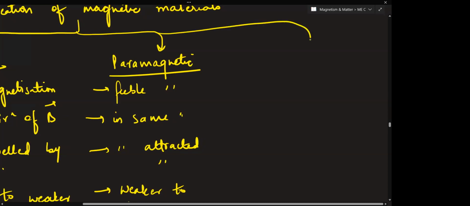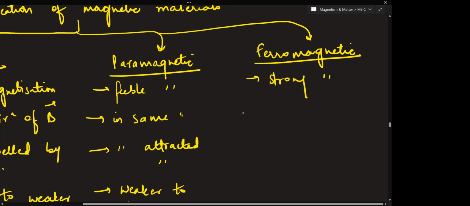The last group is the ferromagnetic. These are ferromagnetic substances. What difference comes in this is that the earlier ones had feeble, weak magnetization. Here it has strong magnetization, in the same direction.